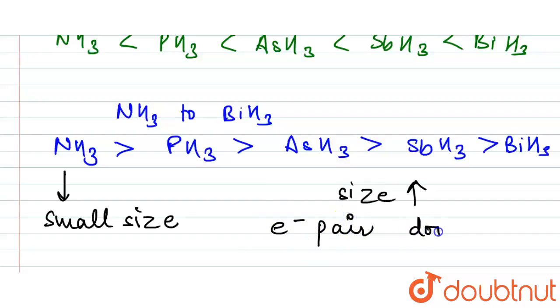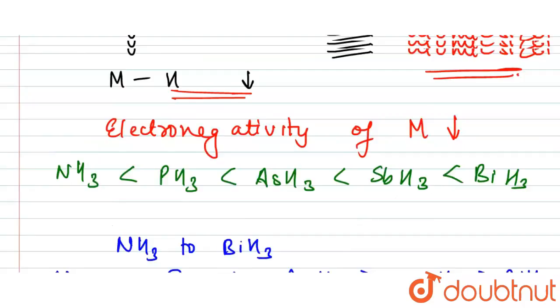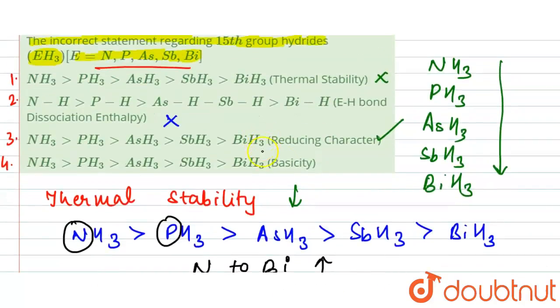If that decreases, the basic nature also decreases. So this is the correct order, and it will not be our answer. So our answer is option number 3.